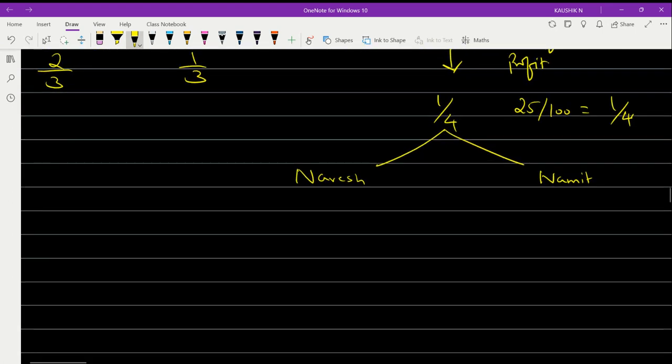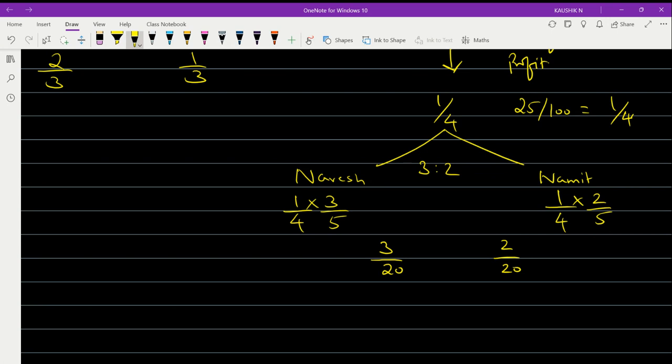So from Naresh, his sacrifice was one fourth of 3 by 5, because that is what he gives up. And from Namit, it is one fourth in the proportion of 2 by 5. When you multiply, it will be 3 by 20 and 2 by 20. Able to understand up to this? Any doubt?